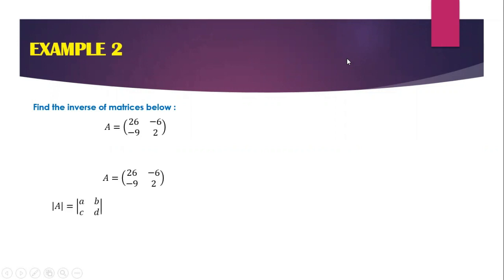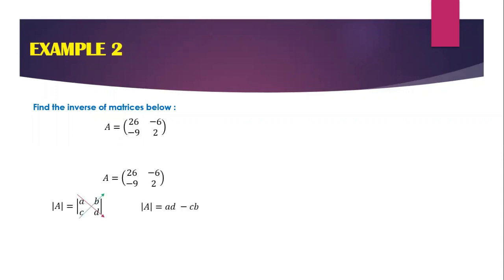Let matrix A be 2, minus 6, minus 9 and 26. Find the inverse of matrix below. The first step is to find the determinant of matrix A. Diagonal minus diagonal.